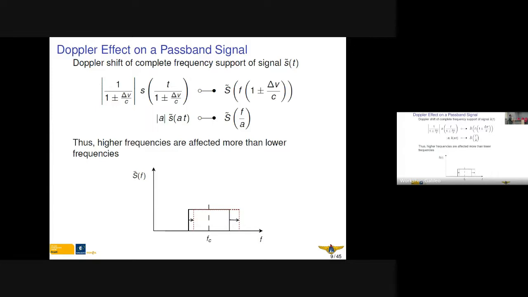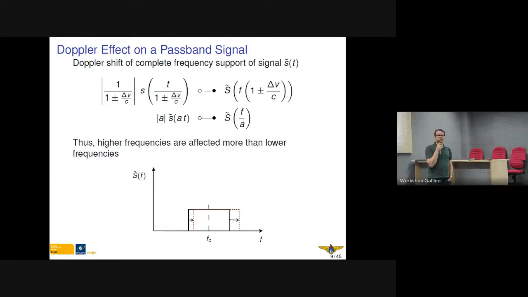So we also have a dilatation effect in time. We can rewrite this using a being equivalent to 1 over 1 plus minus Δv divided by c, and then we can clearly see what happens. We have a dilatation effect specified by a in the time domain and also in the frequency domain. And we have to take care of this, especially when the signals become more wideband.